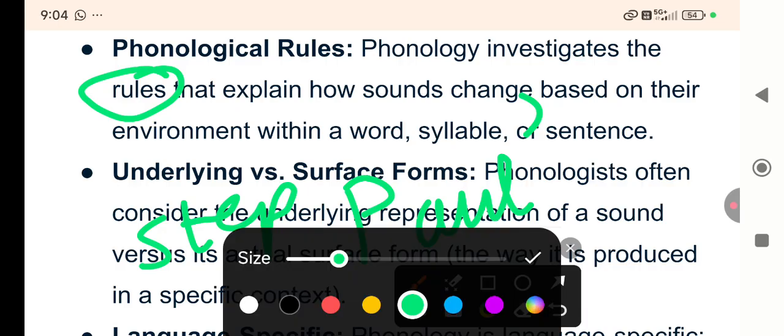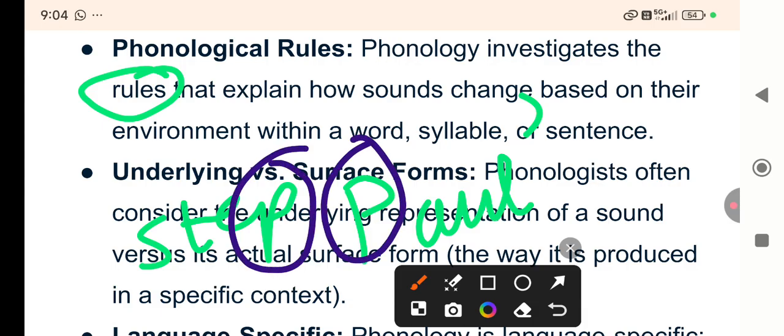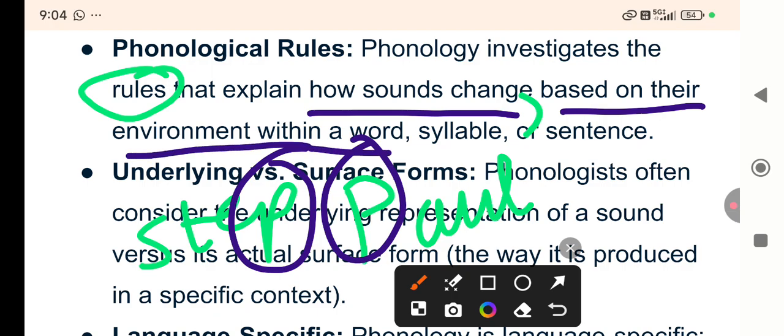So the position of this P is different from this P. Stop. Please speak. Stop. Your lower lip goes and fixes near the upper lip. Stop, right? And in the case of Paul, there is a puff in the front part of your mouth. So this explains how sounds change based on their environment within a word.